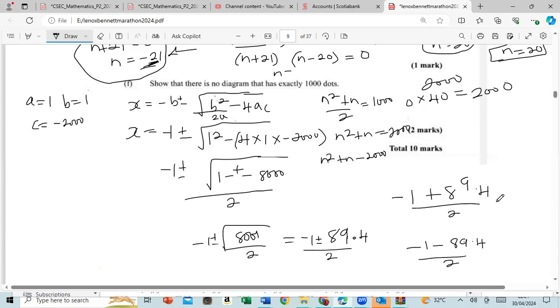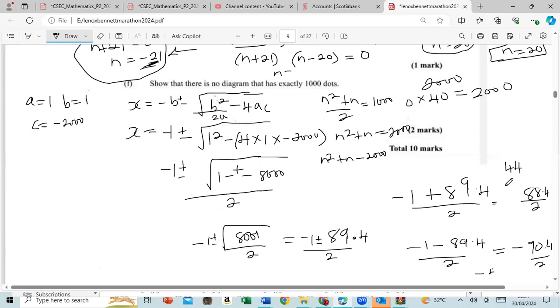So this one works out to 88.4, and when we divide by 2, we get 44.2. And this one works out to negative 90.4, divided by 2, so negative 45.2.